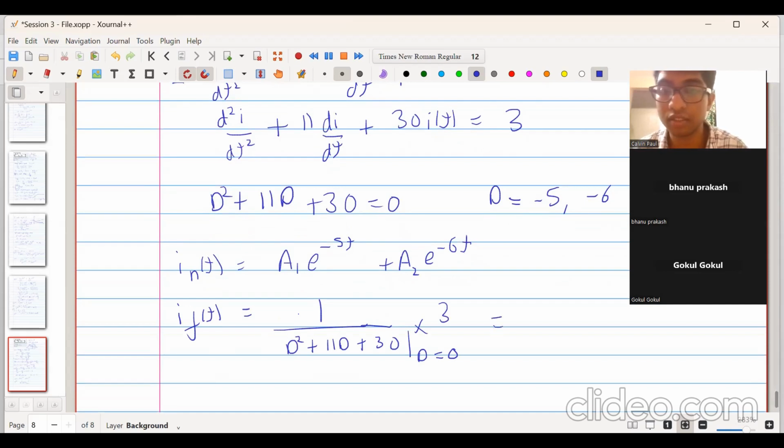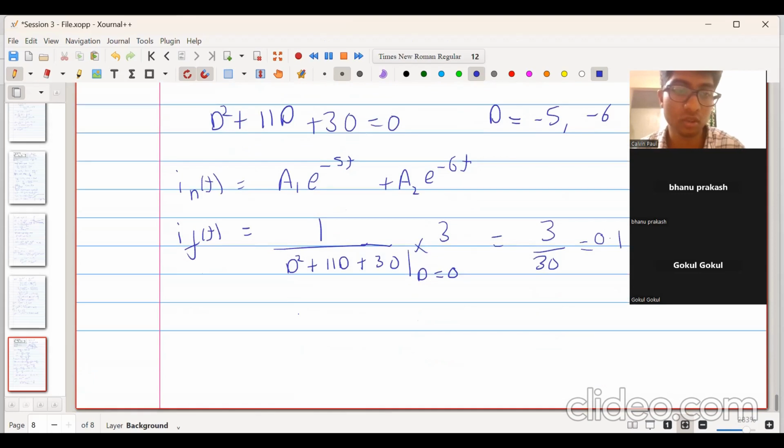So we get it to be equal to 3 divided by 30, that is equal to 0.1. So the total response of the system I of t is equal to I n of t plus I f of t. That is equal to 0.1 plus a1 into e to the power minus 5t plus a2 into e to the power minus 6t.